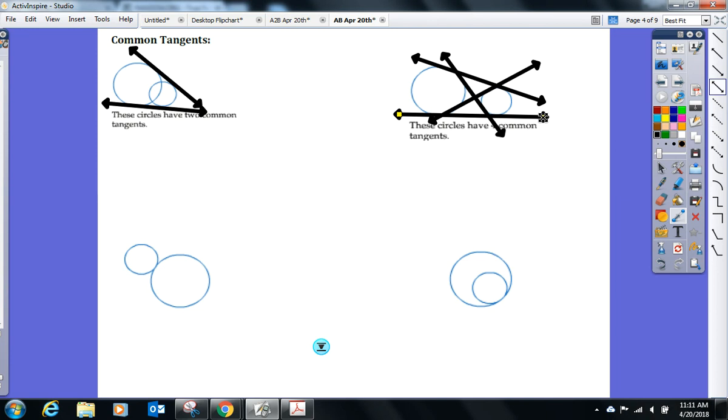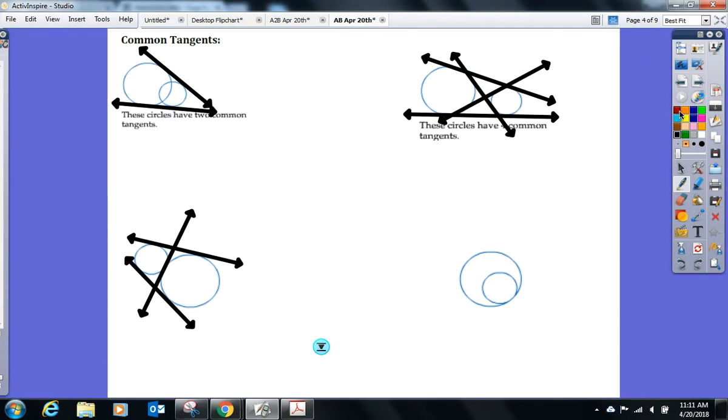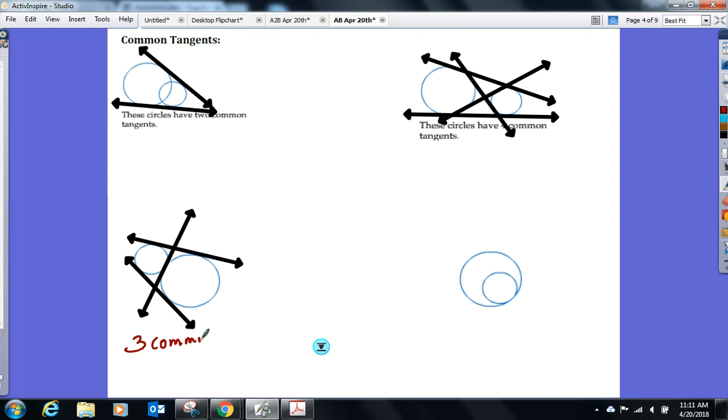Well, I'm sure people put one here on the top, just like we did above, and put one on the bottom, just like we did above. Anybody have another one, or is it just those two? Sean? Yeah, because these are just touching in one spot. So once you draw that one in, you're hitting each circle in one spot. So they have three common tangents. Yep, three common tangents.